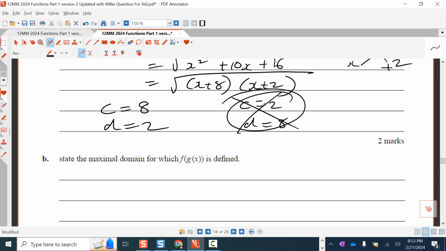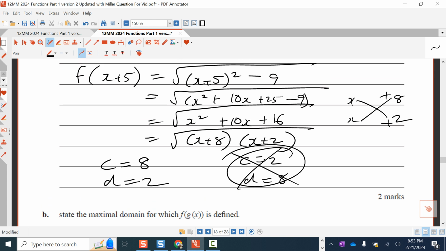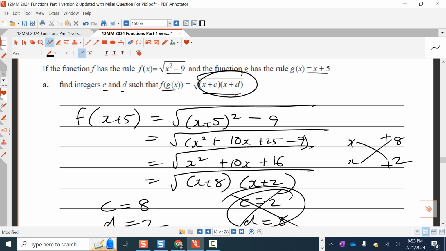All right, state the maximal domain for which f of g of x is defined. Okay, so looking at the inside function here, which is this, it seems to have a domain of all real numbers, but that actually is not going to be the domain of the resulting composition.